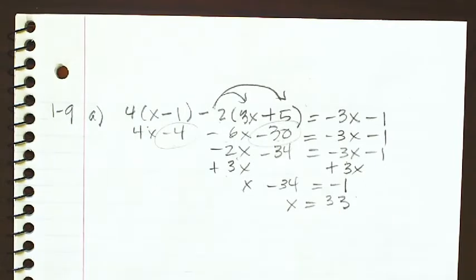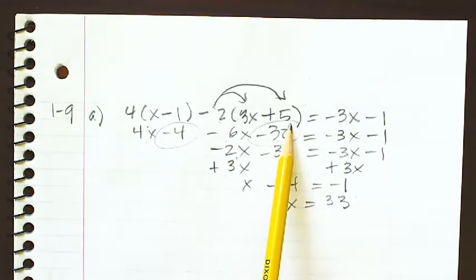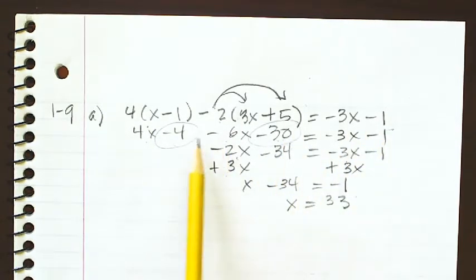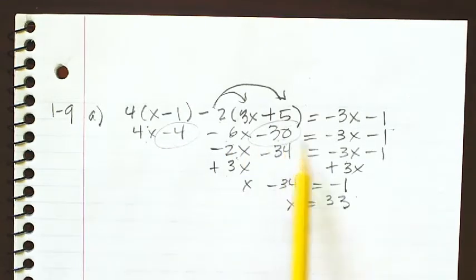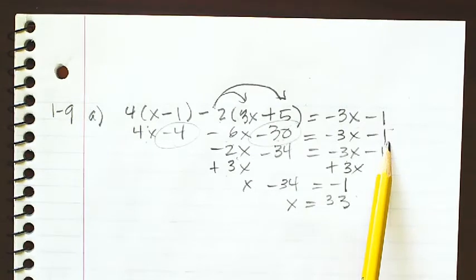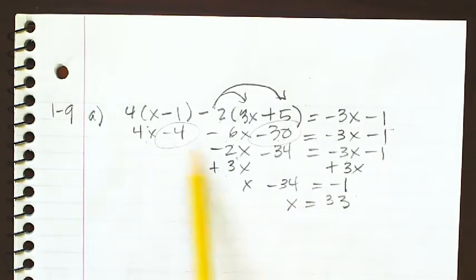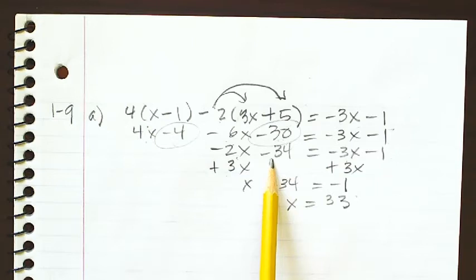And that is not right. I missed something. Let's see. 4x minus, did I write this out right? Negative 3x minus 1. Okay, what did I do wrong? 4x minus 4, negative 6x minus 30, negative 3x minus 1. So that's negative 2x minus 34 plus 3x minus 34.